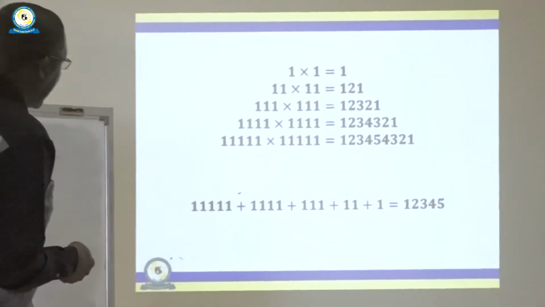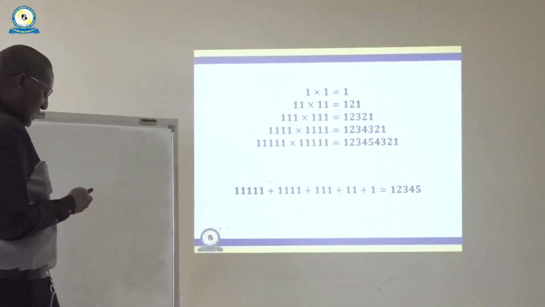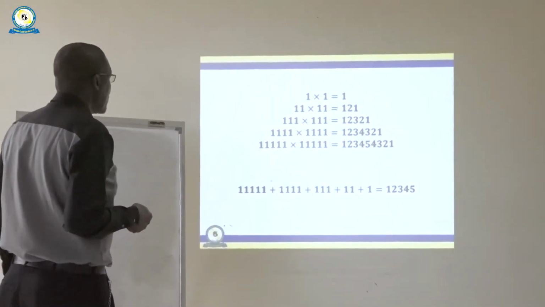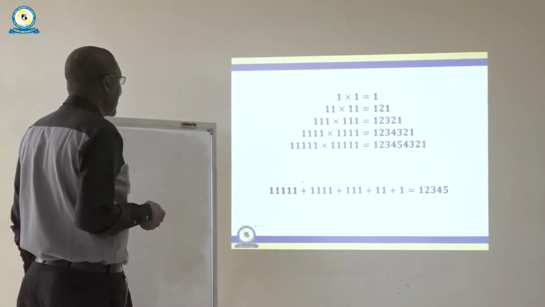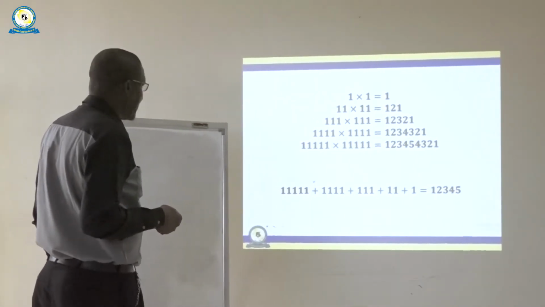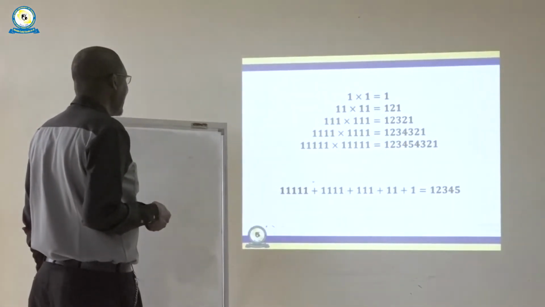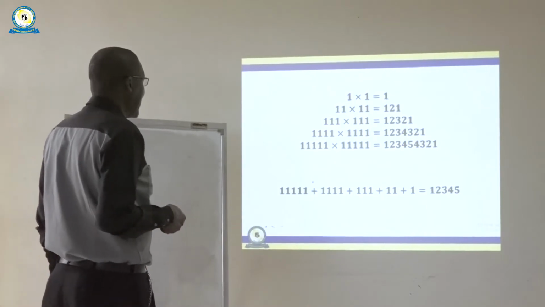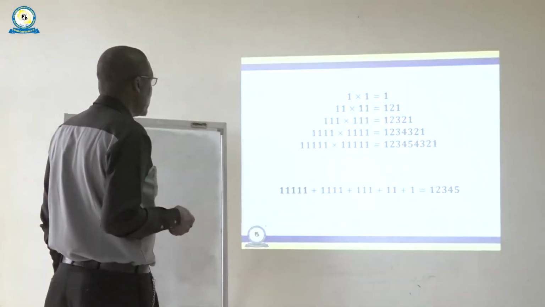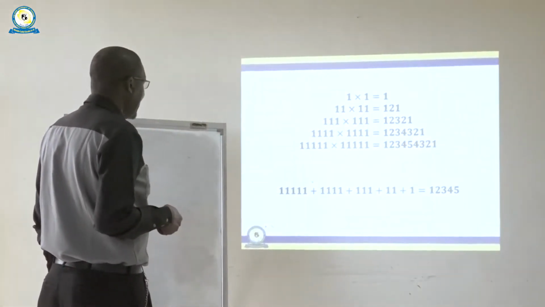Likewise, you may have another pattern. 1 times 1 equals 1. 11 times 11, you get 121. 111 times 111, you get 12321. Just like that.